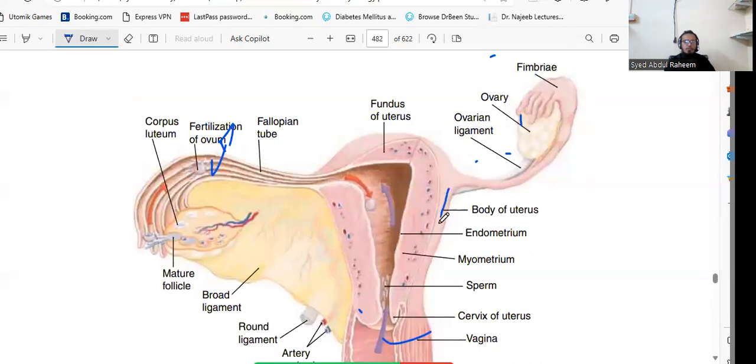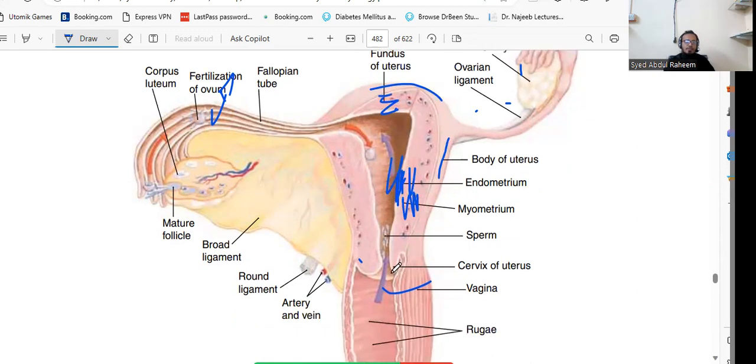This is the body of the uterus. This is the endometrium. This is the myometrium. This is the uterus body, fundus of uterus. This is the body, endometrium, myometrium. This is the cervix region. So the cervix, the whole is the uterus.